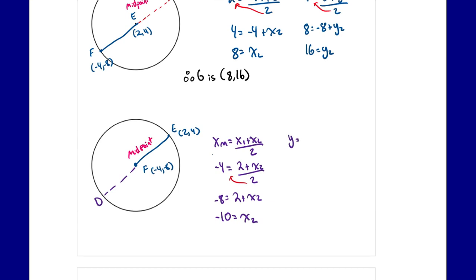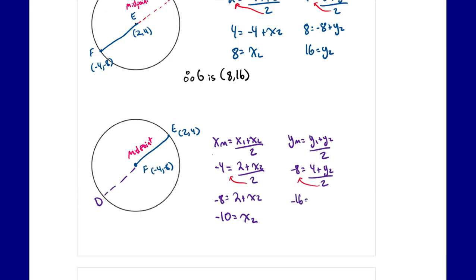Do the same thing for the y value of the midpoint formula. ym is equal to y1 plus y2 divided by 2. We have -8 is equal to 4 plus y2 divided by 2. Again, we bring the 2 up to multiply first.